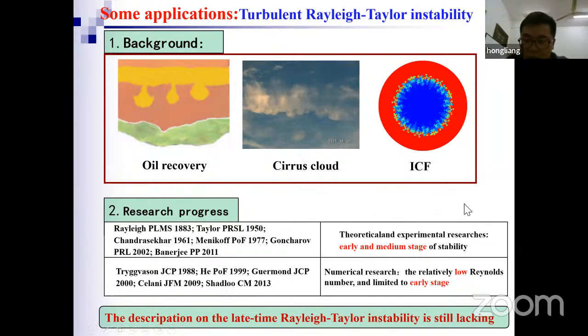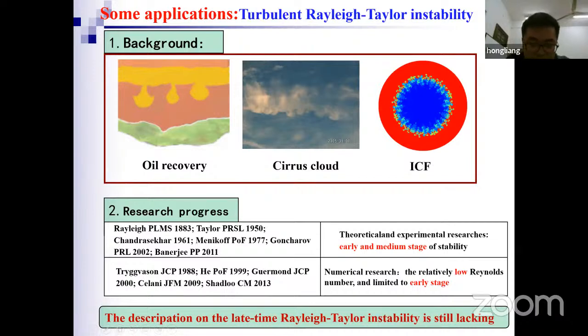They are focused on the early and middle stages of the instabilities. As for numerical research, most are simulations with developed codes, and most are also limited to the early stages and consider the Reynolds number to be relatively small.